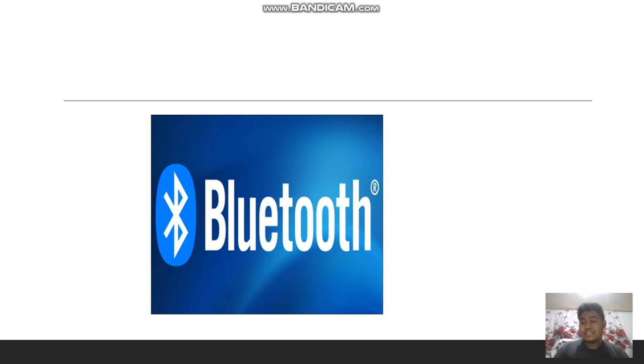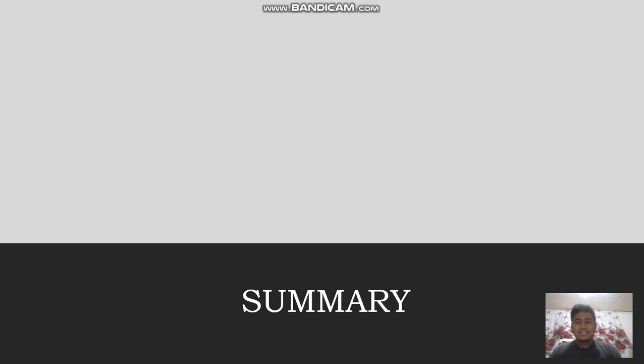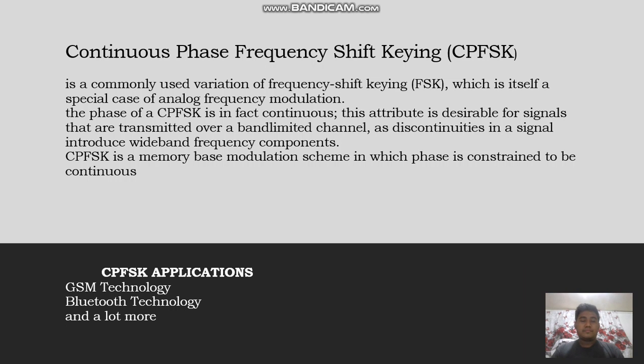Another use is in our Bluetooth devices. So, summary. Continuous phase frequency shift keying (CPFSK) is a commonly used variation of frequency shift keying (FSK), which is itself a special case of analog frequency modulation. The phase of CPFSK is in fact continuous.